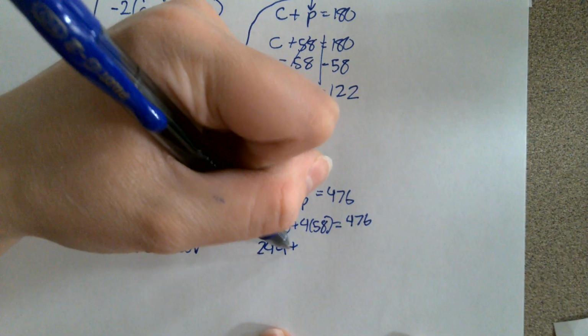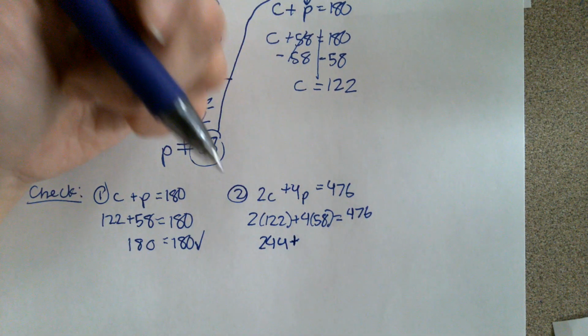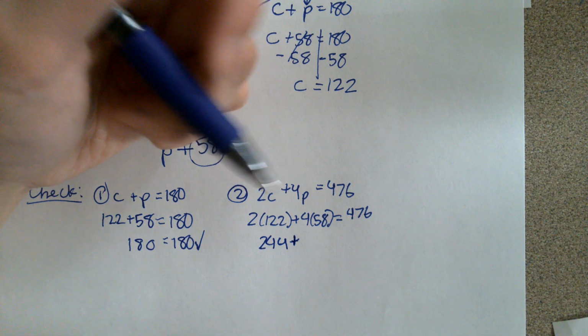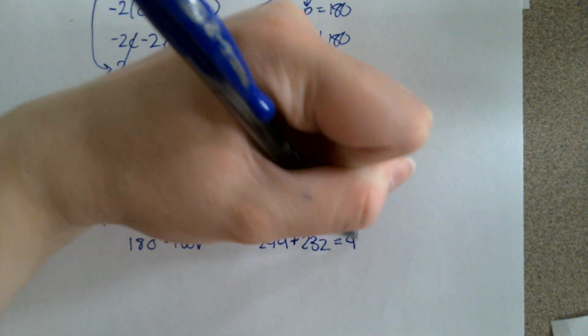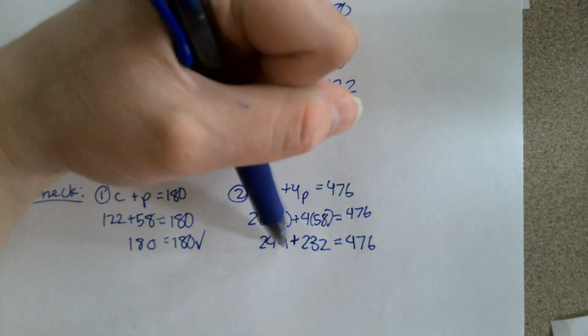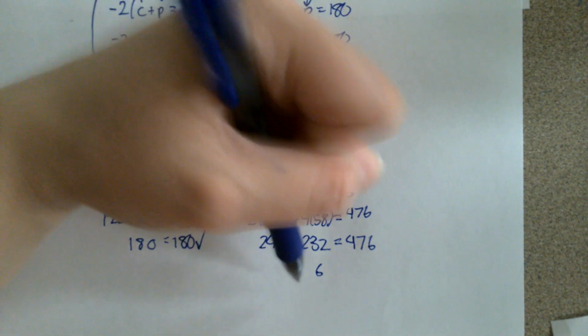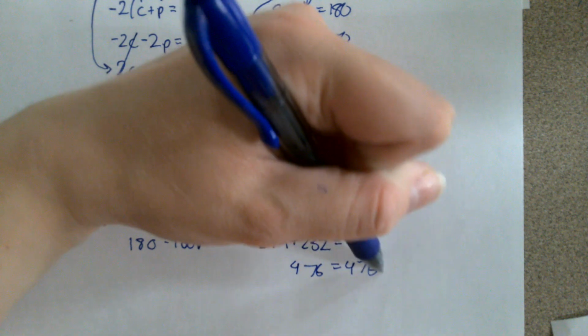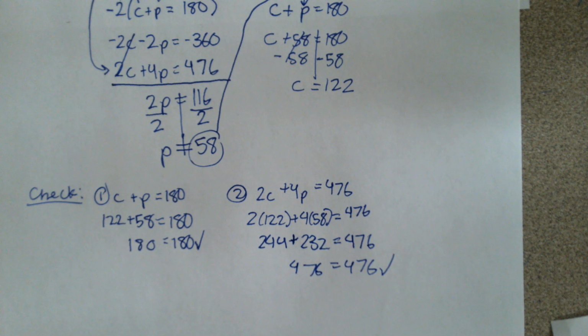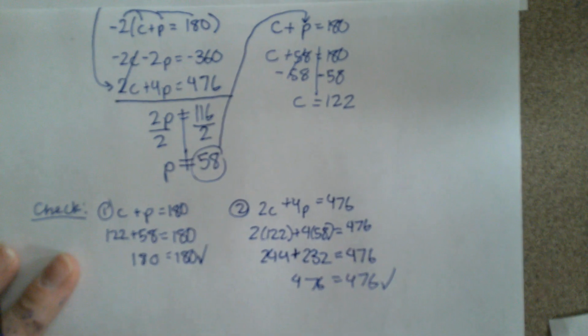Plus 58 times 4, that is 232. And that should equal 476. Let's check. 4 and 2 is 6. 4 and 3 is 7. 2 and 2 is 4. That came out as it should. So my answer is correct.